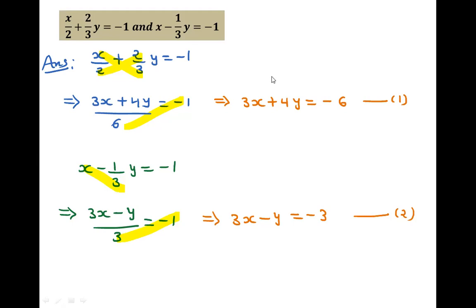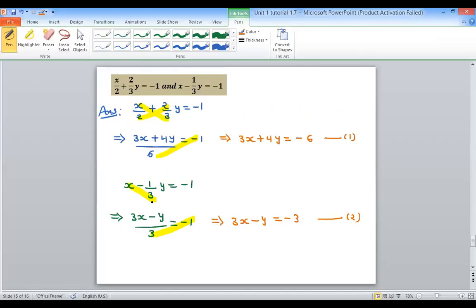But I just subtract one equation from the other. So this is the procedure. I'm taking equation 1 minus equation 2. Then the second equation's sign is changed.